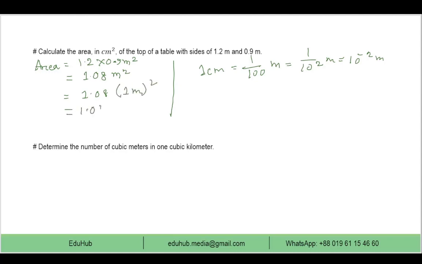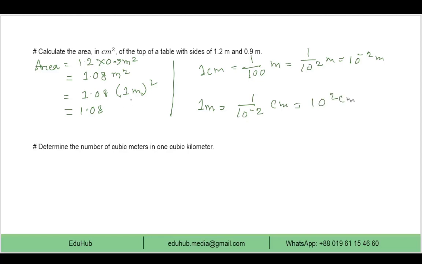So here 1 meter means 1 by 10 to the power minus 2 centimeter. That means it is 10 to the power 2 centimeter.